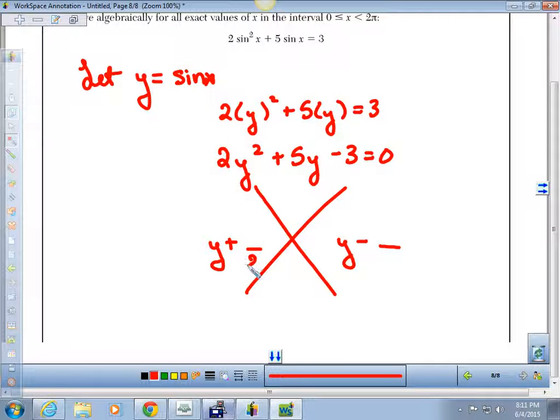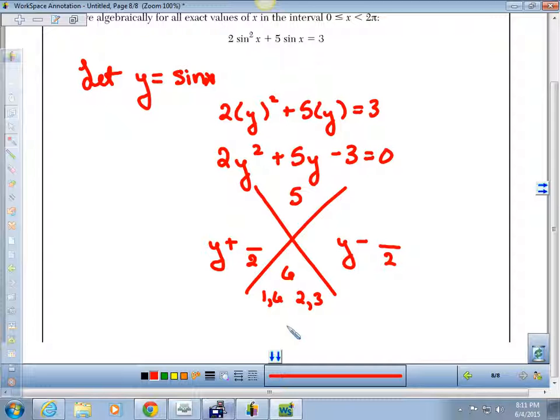The 2. Okay. What value gets dragged to the top? The 5. And what gets brought to the bottom? 2 times the 3, which is 6. Okay, so I've got 1 and 6. I've got 2 and 3.